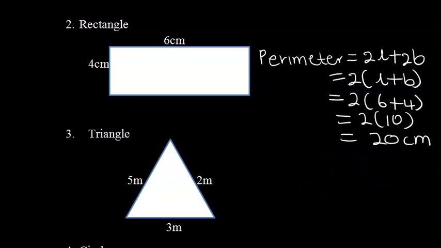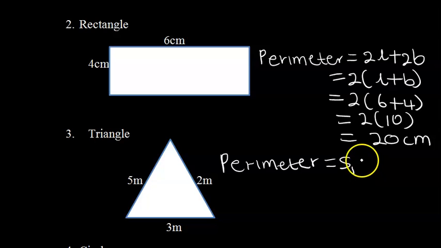Right. Let us move on now to our next shape, which is a triangle. The perimeter of the triangle is equal to the first side plus the second side plus the third side. Now let's substitute.